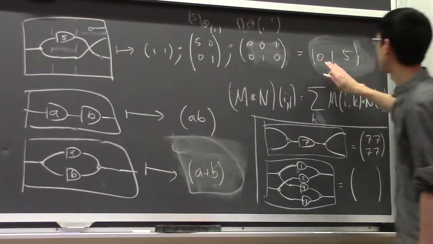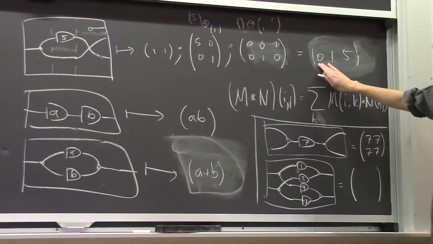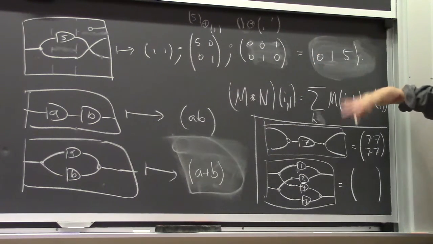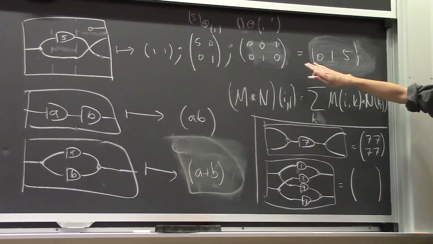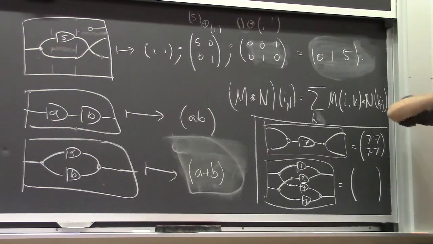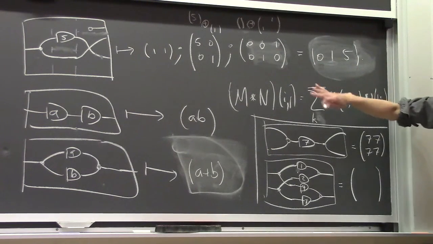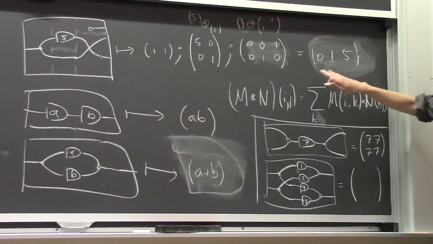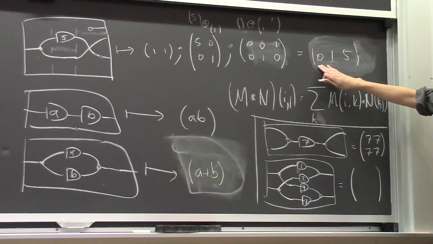So this entry here can be thought of as the amplification over all paths. You go across all paths and multiply all the amplifications that you run through, and then you sum that over all paths from the ith input to the jth output.